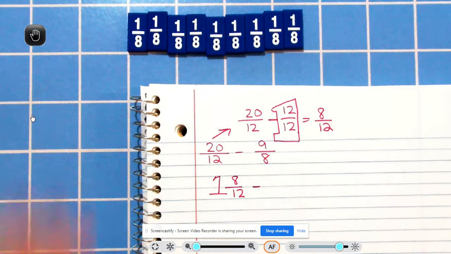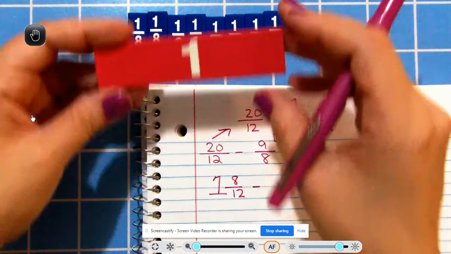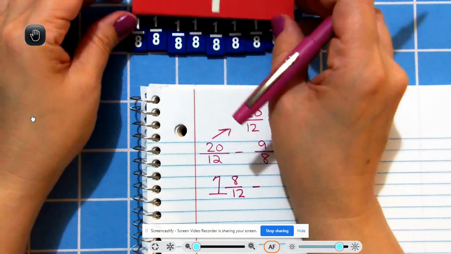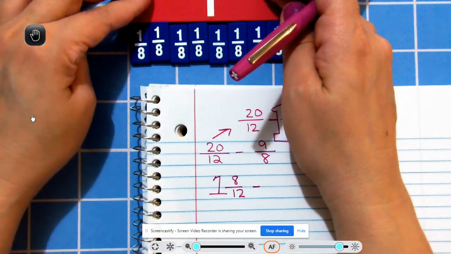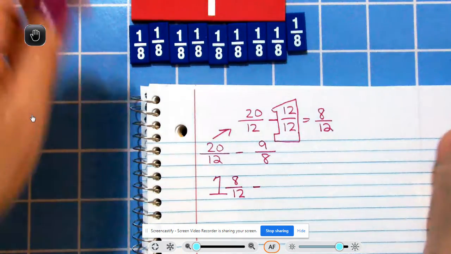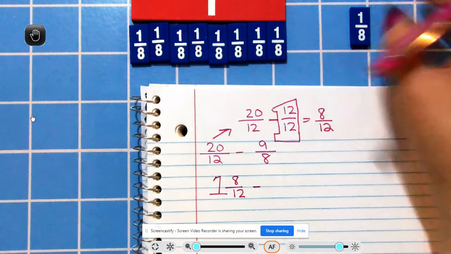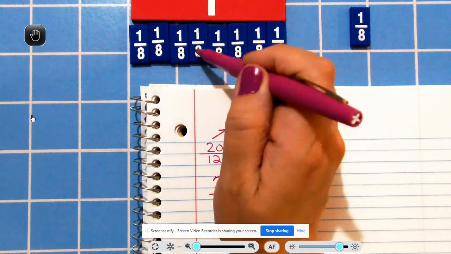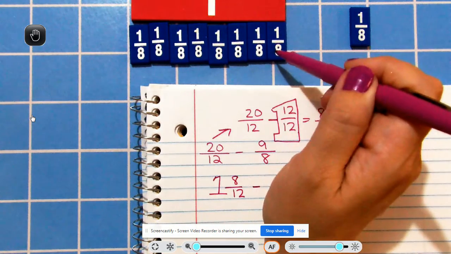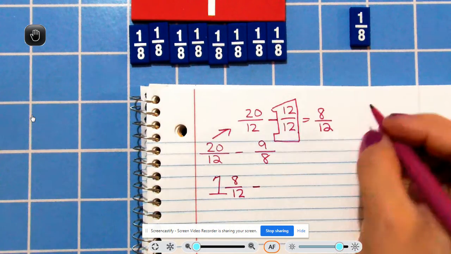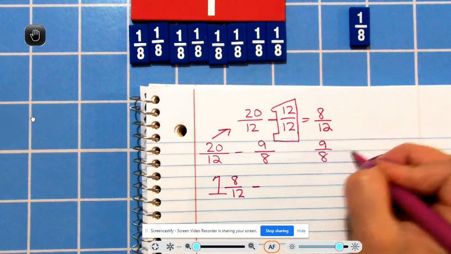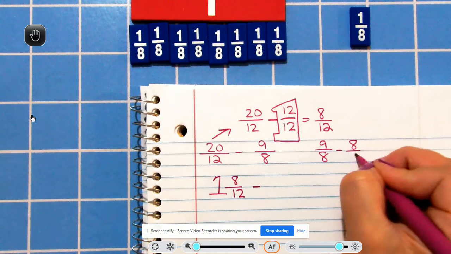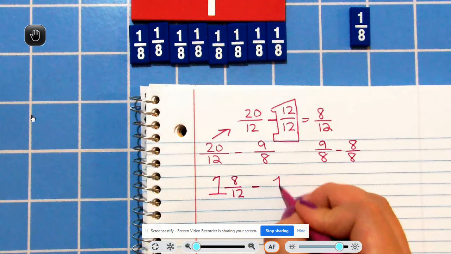Okay, how many of my 1/8 pieces can I cash in for one whole? 1, 2, 3, 4, 5, 6, 7, 8. 8 eighths. So we have 9 eighths, and we're going to take away that 8 eighths, which is going to give me one whole.